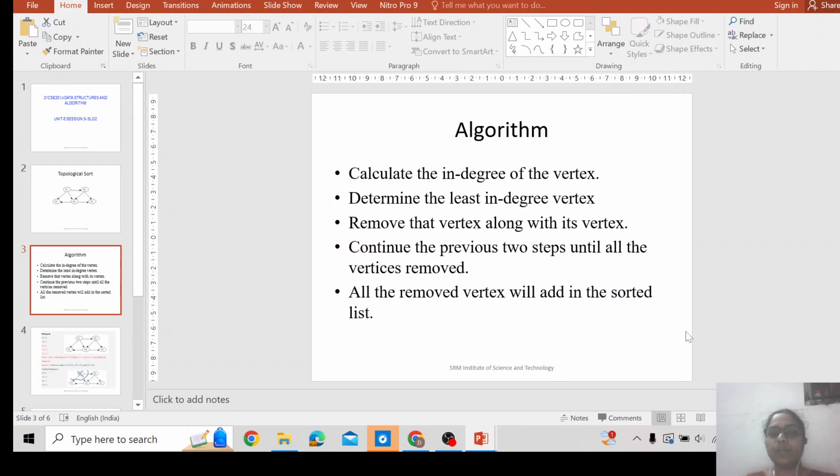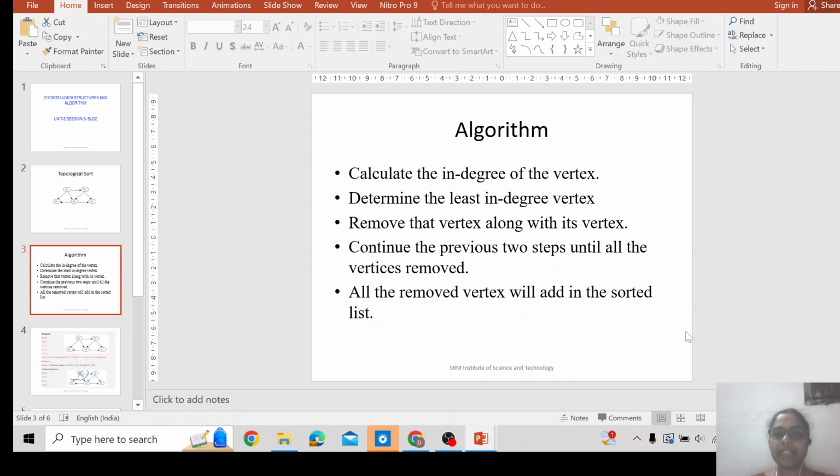Now we have a look at the algorithm of the topological sort. According to the topological sort, the first task is to calculate the in degree of vertices. The in degree, as we know, is the number of incoming edges toward a particular vertex, and the out degree is the number of edges going away from the particular vertex.